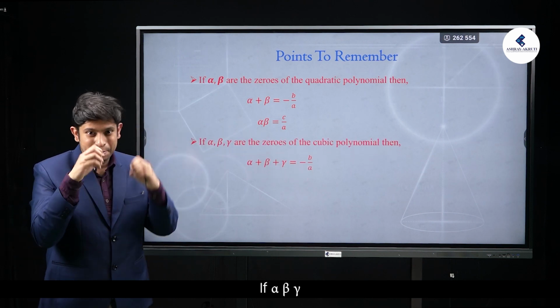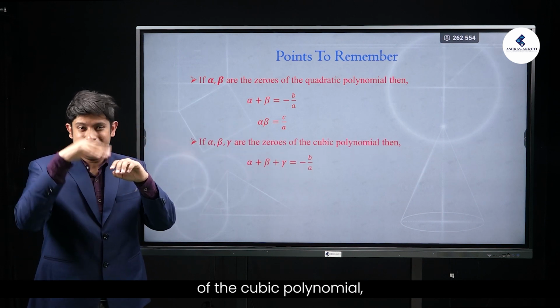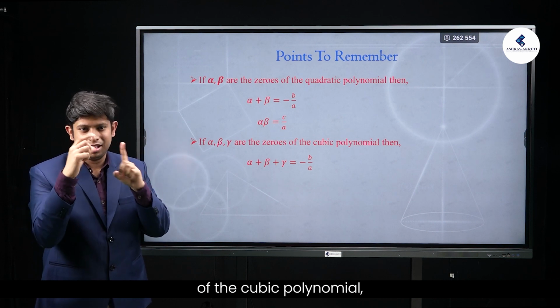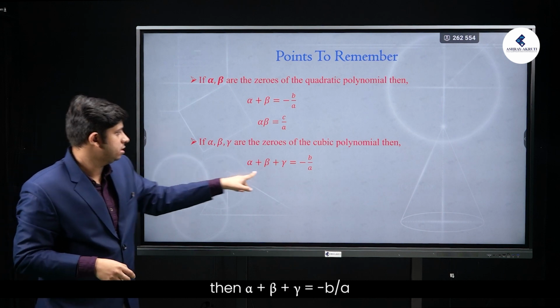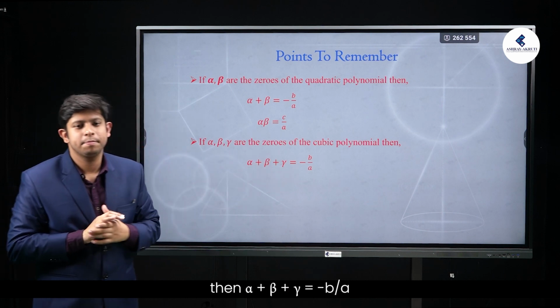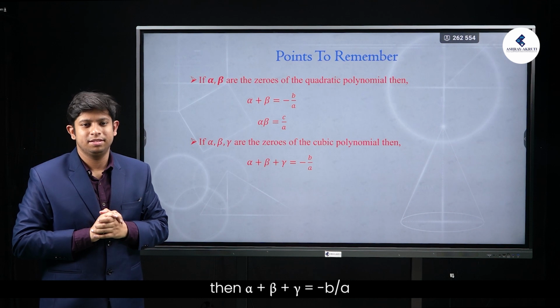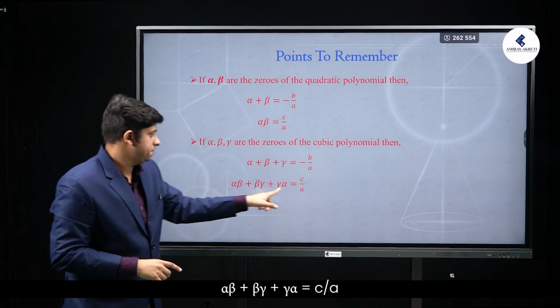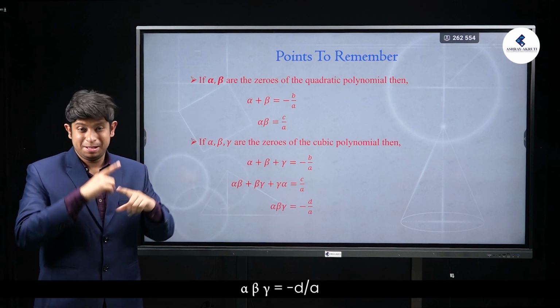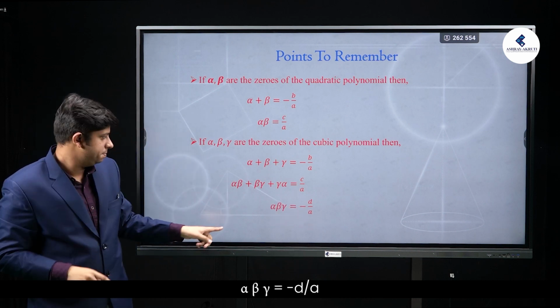If alpha, beta, gamma are the zeros of the cubic polynomial, then alpha plus beta plus gamma is equal to minus b by a, alpha into beta plus beta into gamma plus gamma into alpha is equal to c by a, alpha into beta into gamma is equal to minus d by a.